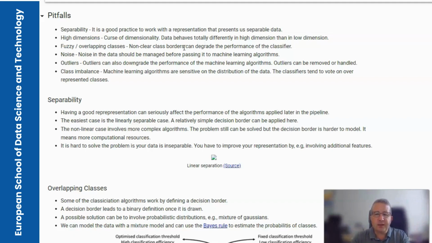It won't fit the data anymore, but it will fit half the data and half the outlier. So this is why when you pre-process the data, then you should eliminate the outliers from your data. Class imbalance is also an important issue because machine learning algorithms are sensitive on the distribution of the data.